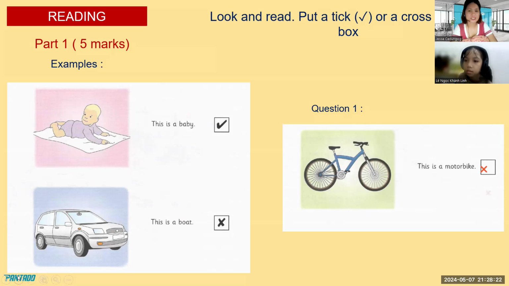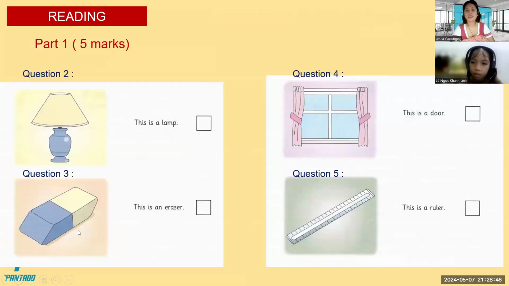Let's check. Very good, Lynn. Why is number 1 a cross? Because in the picture there is a bicycle, not a motorbike. Okay, Lynn. You answer number 2, 3, 4, and 5.